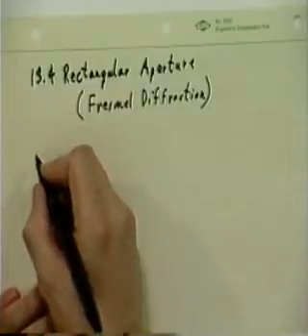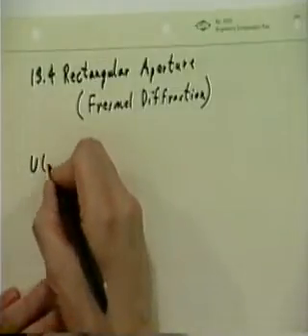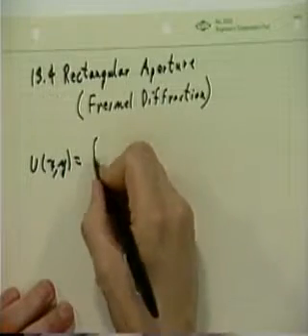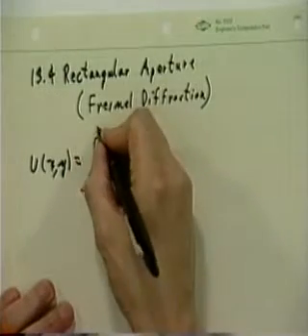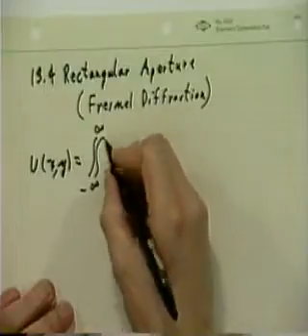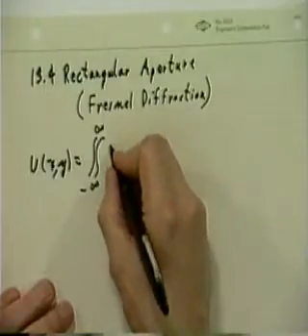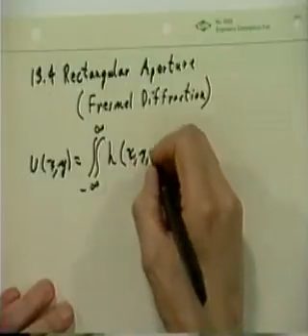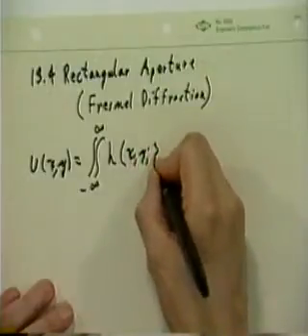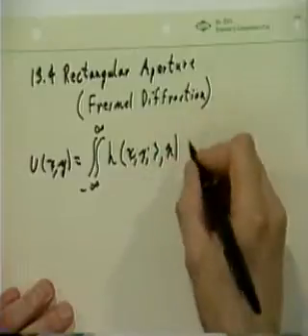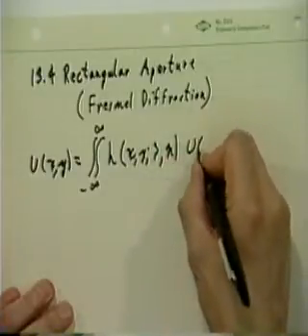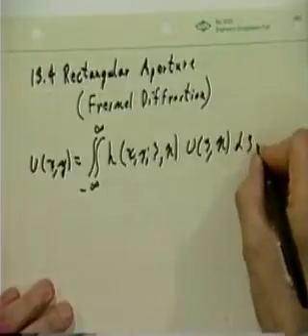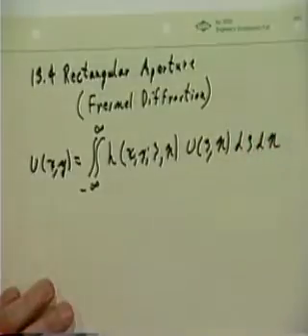So in the observation plane, we're looking for u of x and y. And an old formula here, that's going to be the integral of h. We'll write down what h is in a second, but it's going to be a function of x and y and squiggle and eta, and u, however it is we illuminate the aperture, and then we have to integrate over the aperture.